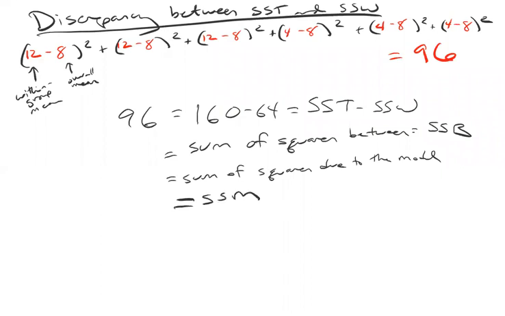I've got another name for you. You can also call it the extra sum of squares. Why extra? Well, because it's the extra amount that SST is over SSW. The extra sum of squares, which you can call ESS.